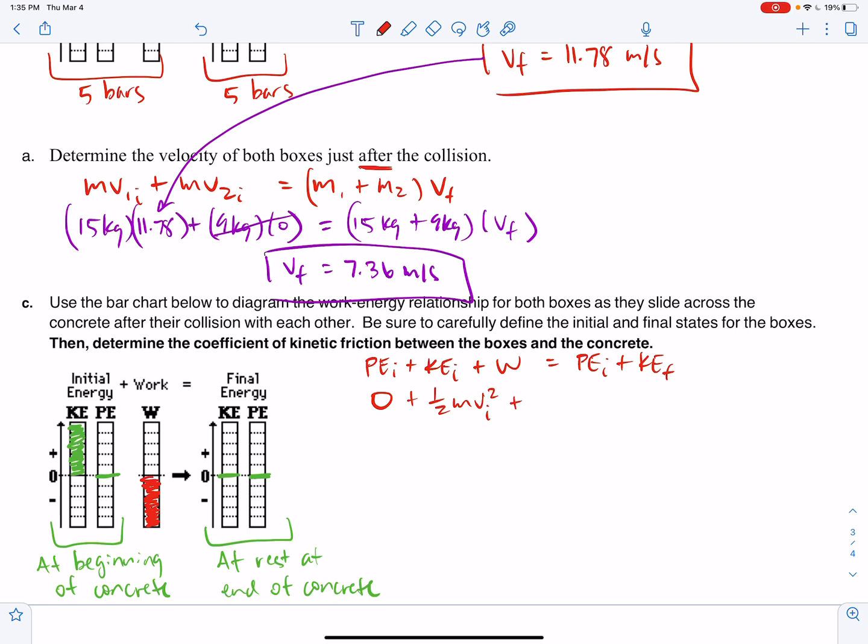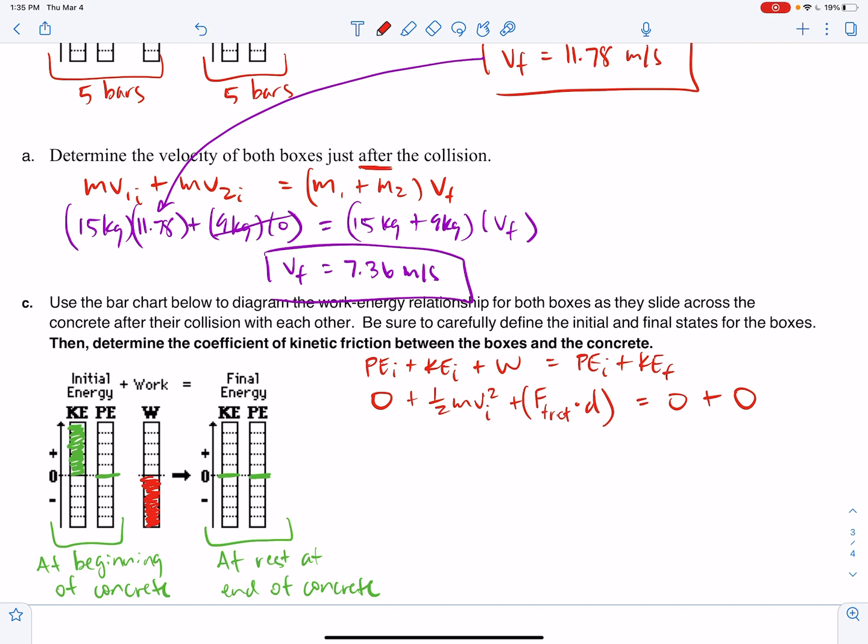And then there's going to be some work done by friction. So that work is specifically the force of friction times the distance. Then I'm going to set that equal to the potential energy in the final state, which is also 0, plus the kinetic energy in the final state, 0 because they come to rest. Okay?